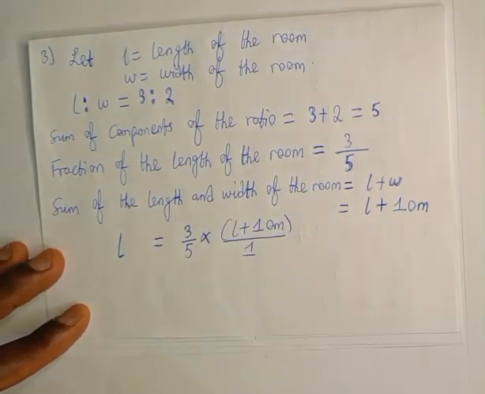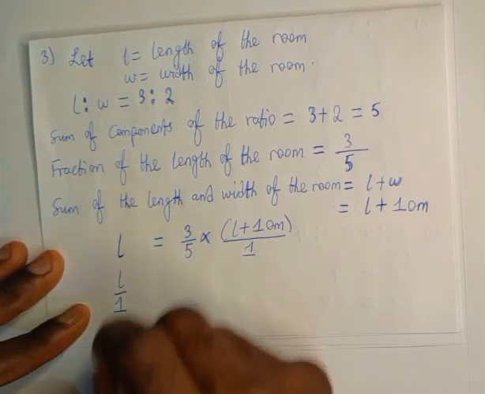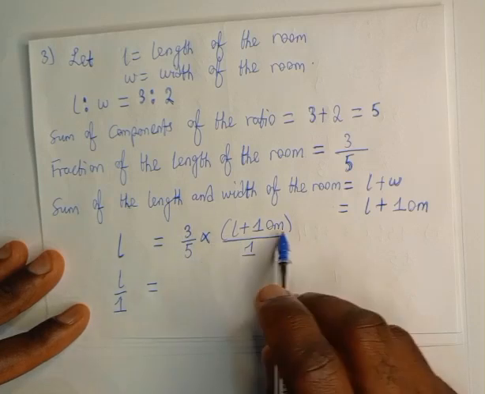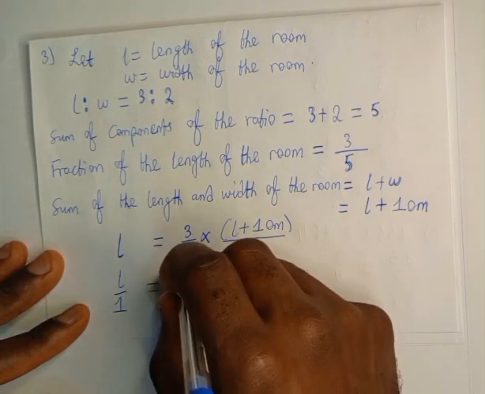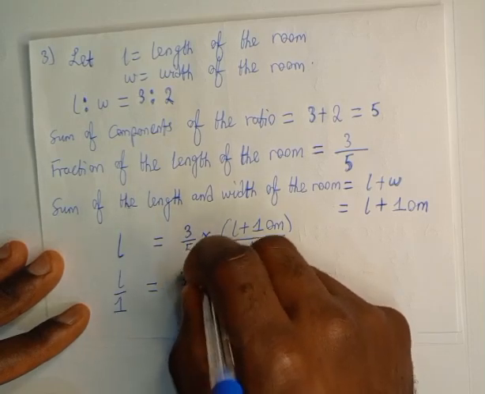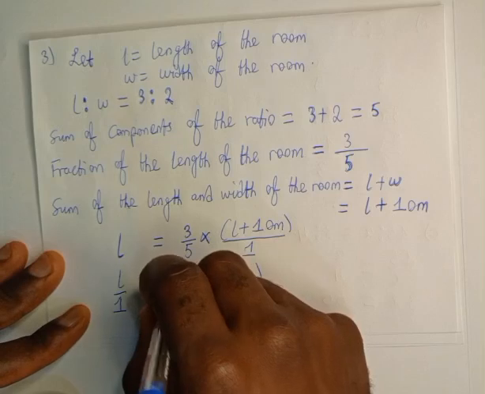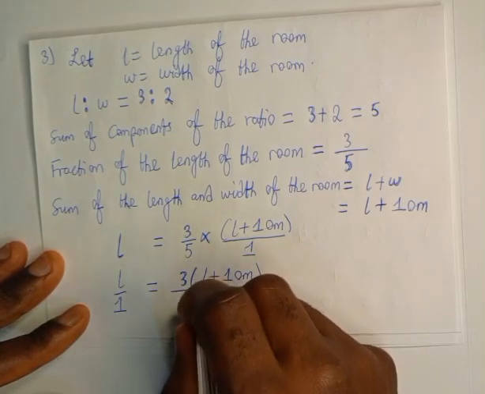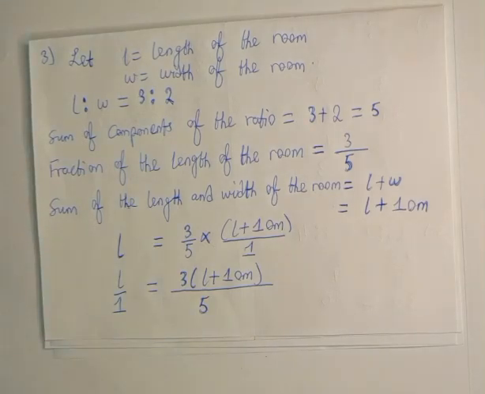We can express L over 1 is equal to 3 times L plus 10 meters, all over 5 times 1, which gives us 5. Next step, now we are going to perform cross multiplication.